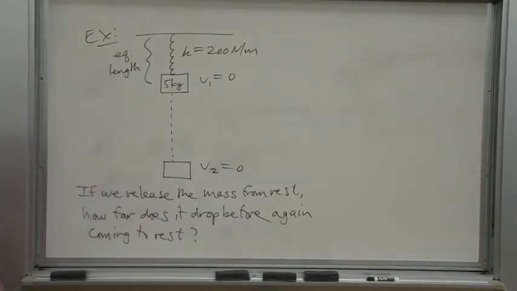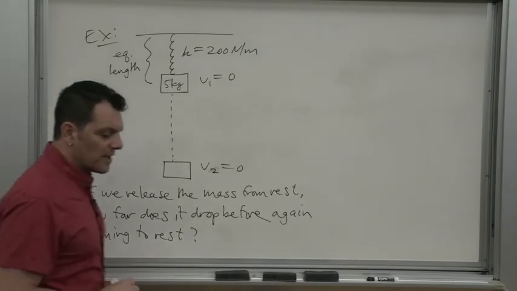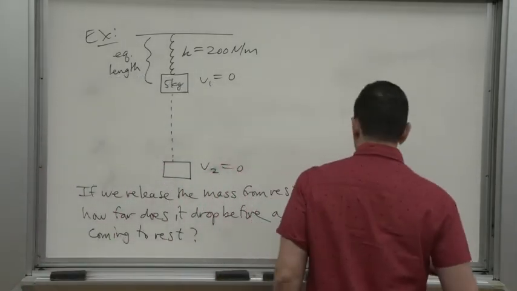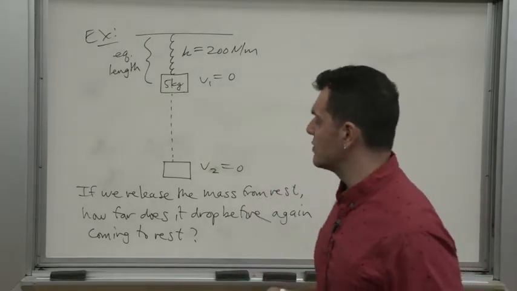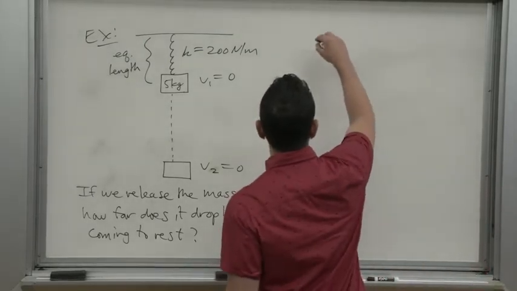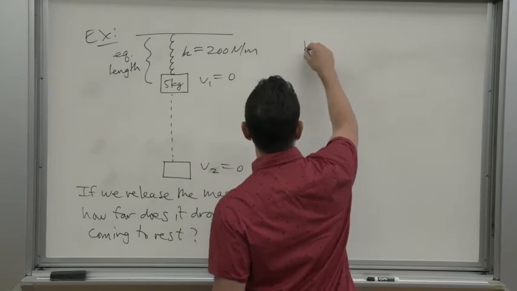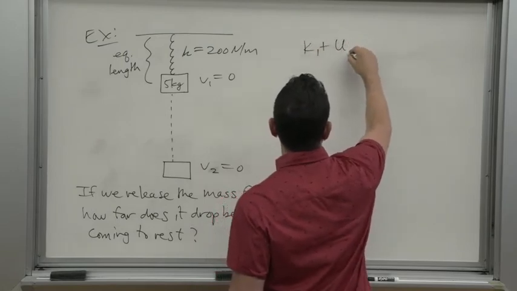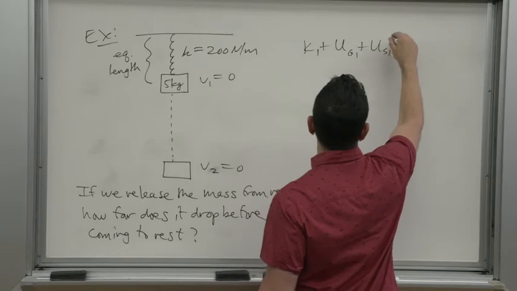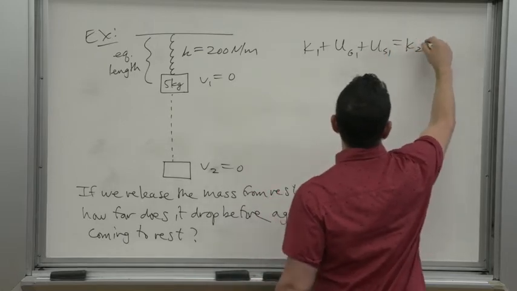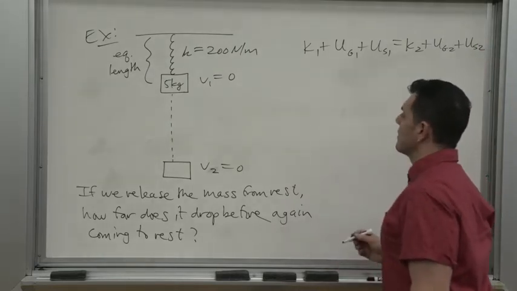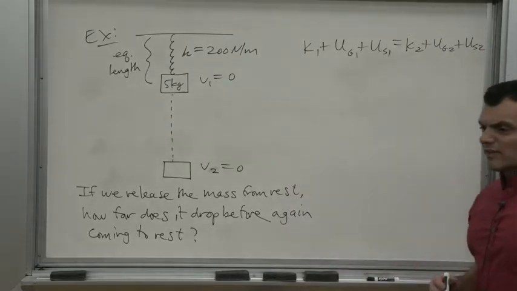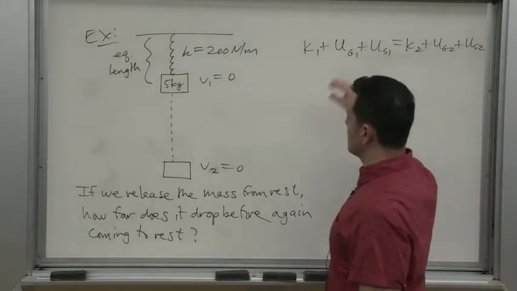At this point, we don't really need a chart because we're talking about two different points here. We don't have to get too fancy. But let's just say that E1 is equal to E2, which is K1 plus UG1 plus US1 is K2 plus UG2 plus US2, where I've split up U1 into UG1 plus US1.